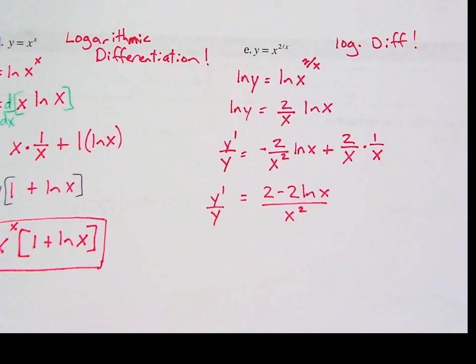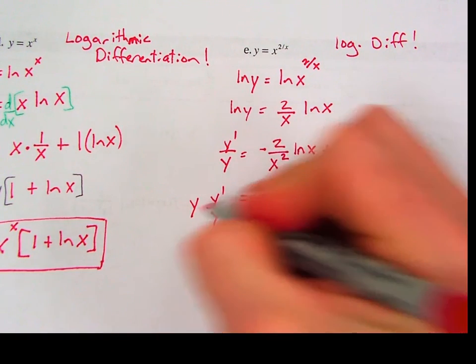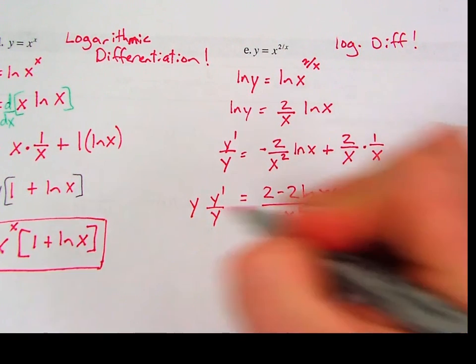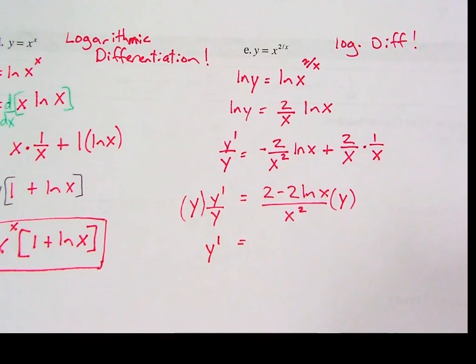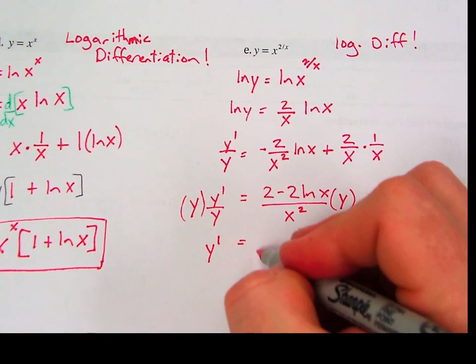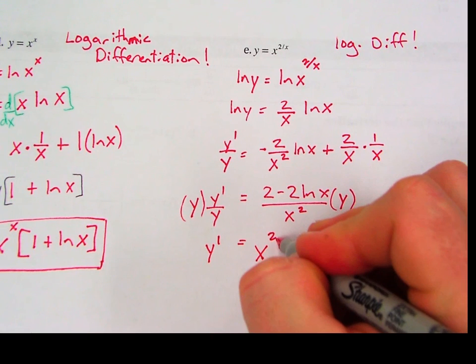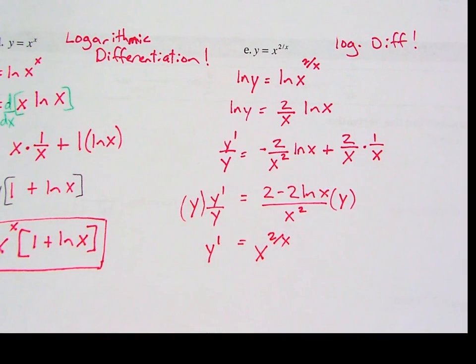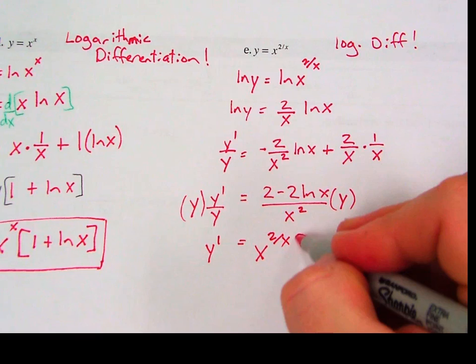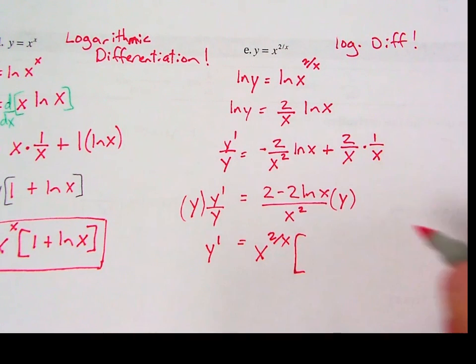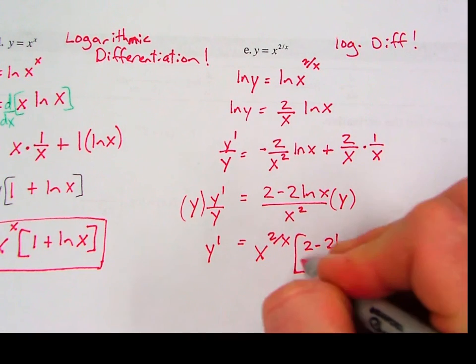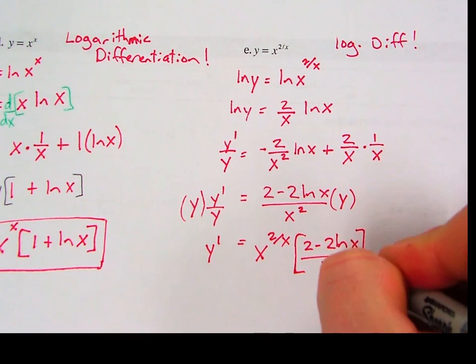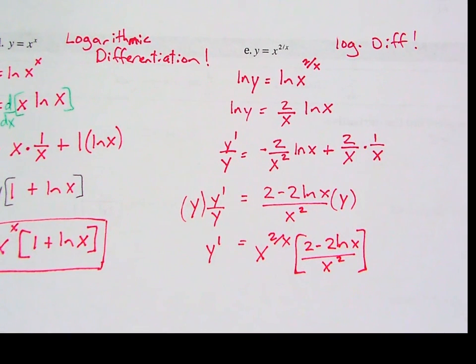Yeah, just times by y now, which is x to the 2x. So x to the 2 over x. Then you're done?